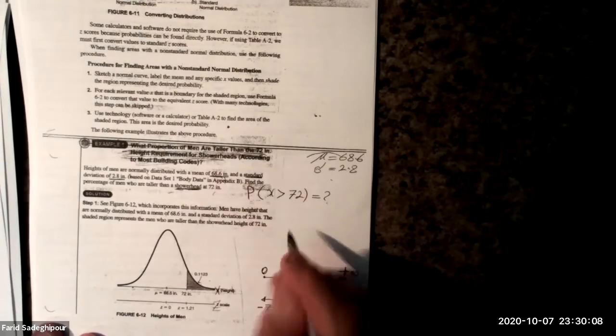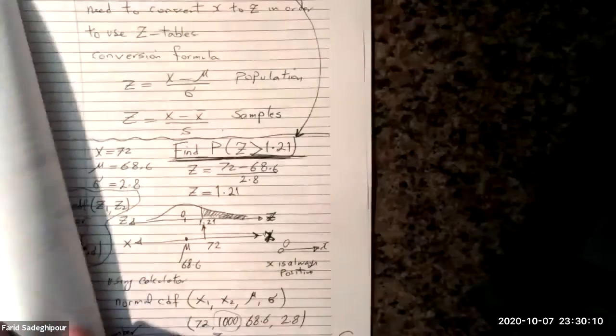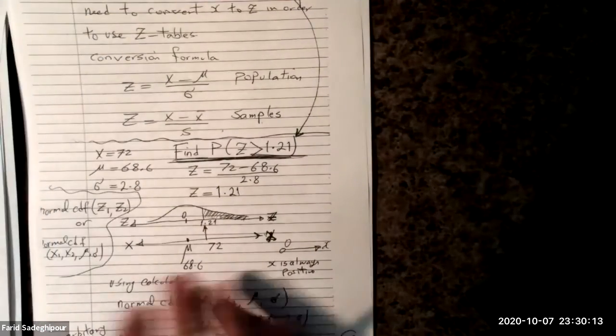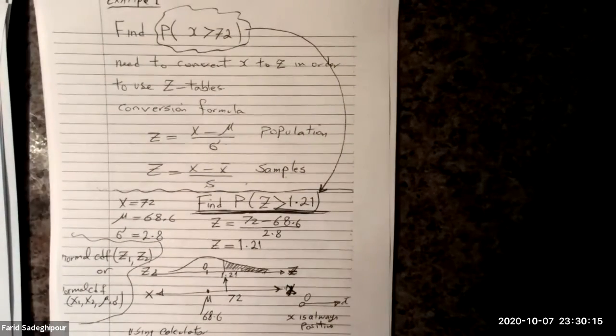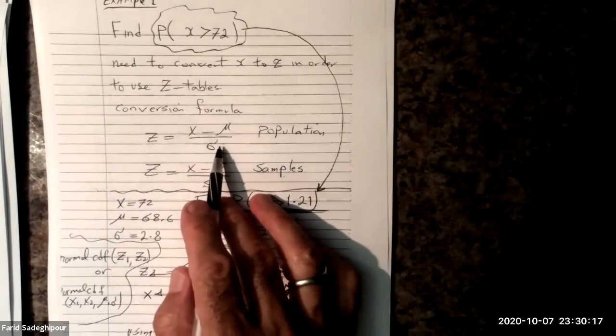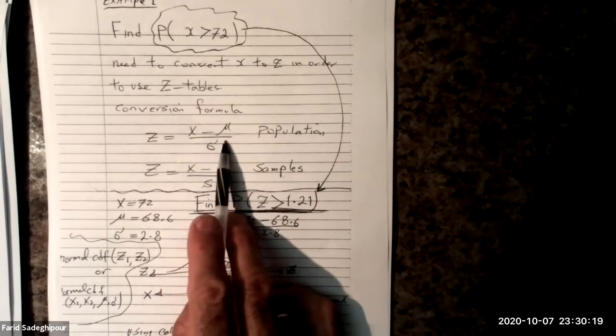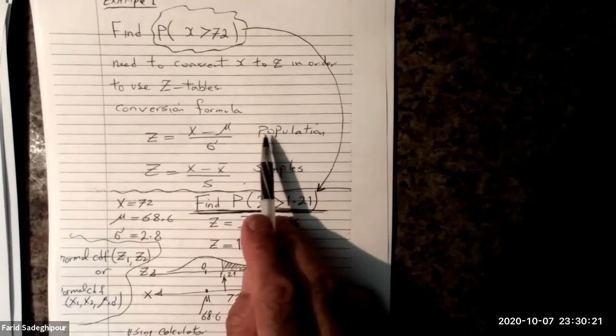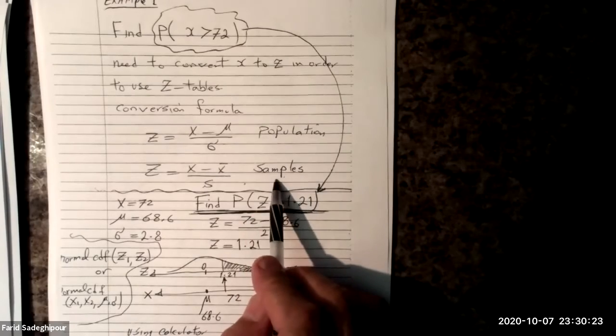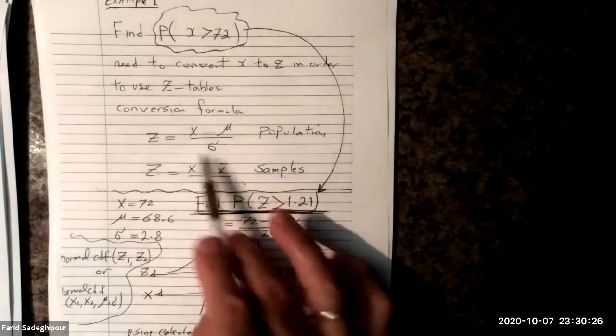When you want to do the conversions, you have to use this formula. Whether it's a population or a sample, both are the same formula.